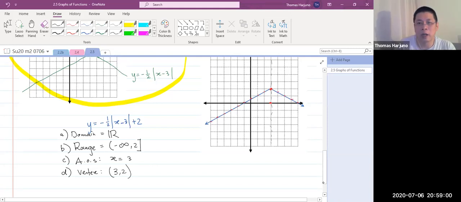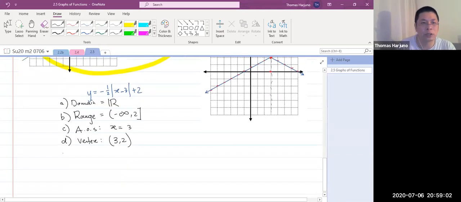Now then, how about the y-intercept? The same procedure. For the y-intercept, you set x equals 0. 0 minus 3 plus 2. That's -1/2 times 3 plus 2. That's -3/2 plus 4/2.